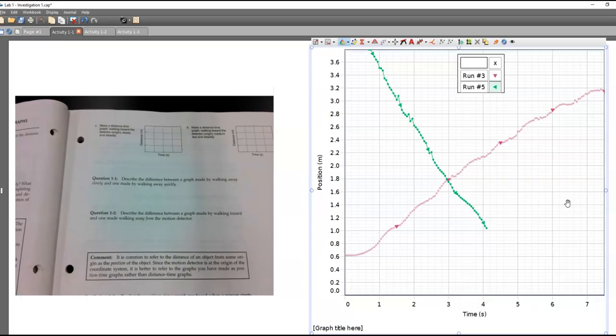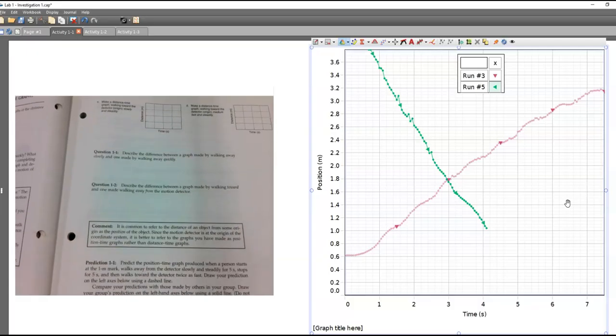Okay, that leads us to the comment. It is common to refer to the distance of an object from some origin as the position of the object. So now we're going to refer to our graphs, instead of being distance time graphs, as position versus time graphs. Okay, so prediction 1-1.